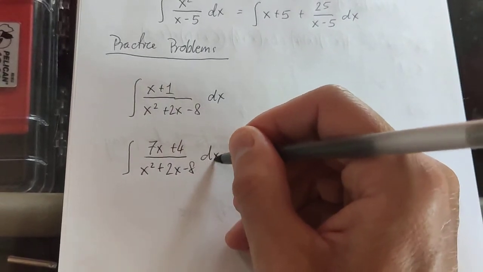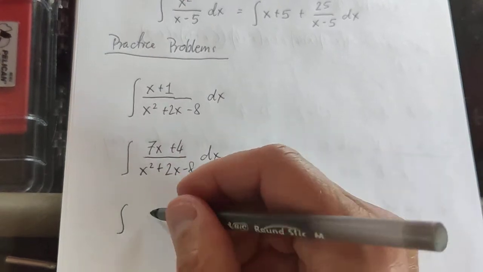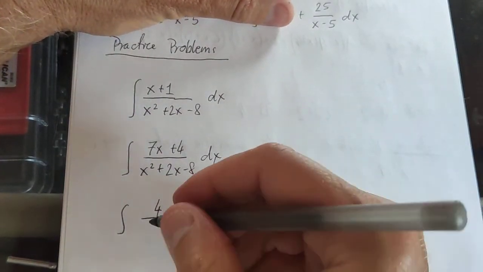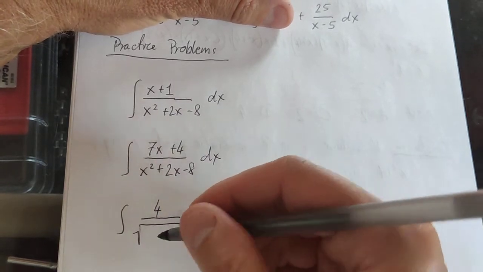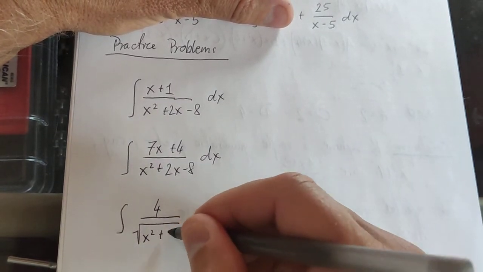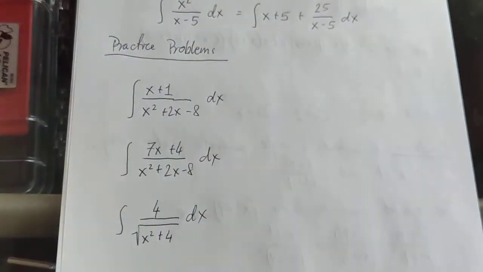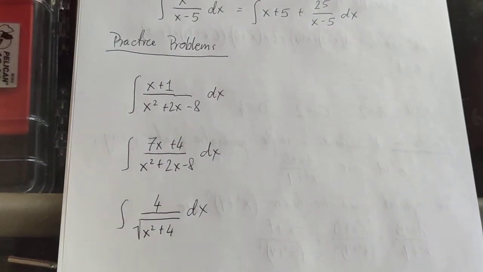The last one looks like this: x squared plus 4. Pause the video, think about it, and propose some method for solving those.